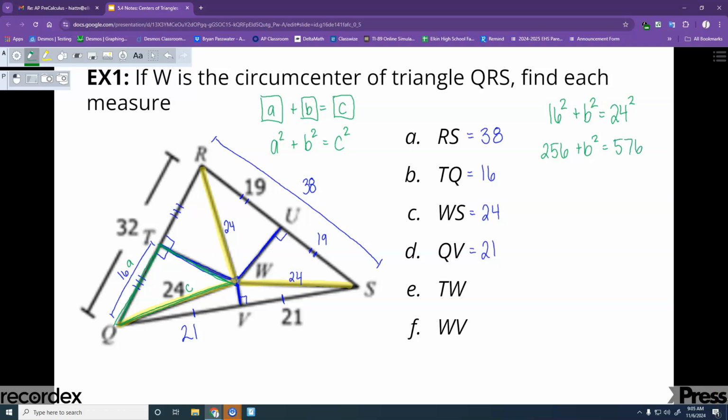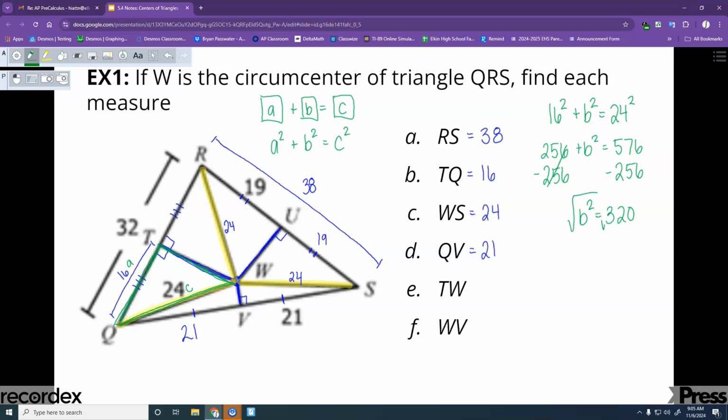What do I need to do to finish solving that? I need to subtract that 256. Should have done Pythagorean theorem for review. For warm up. B squared equals 320. Then what do I have to do? Not divide. How do I get rid of a square?